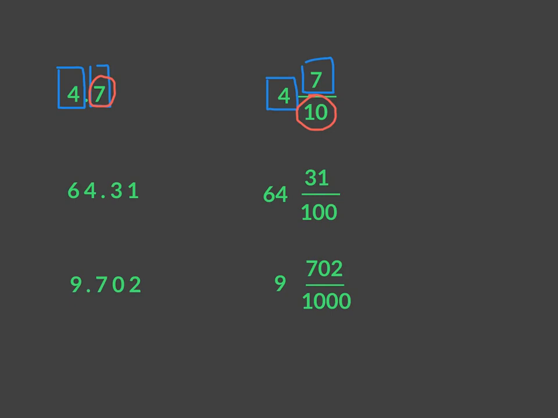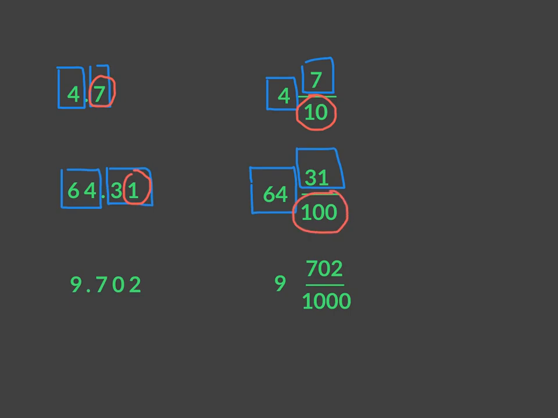Let's look at our second example, 64.31. The number to the left of the decimal, 64, is our whole number. The number to the right of the decimal, 31, becomes our numerator. The digit at the far right, the 1, is in the hundredths place.